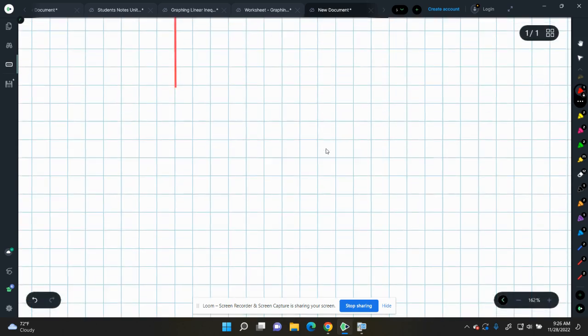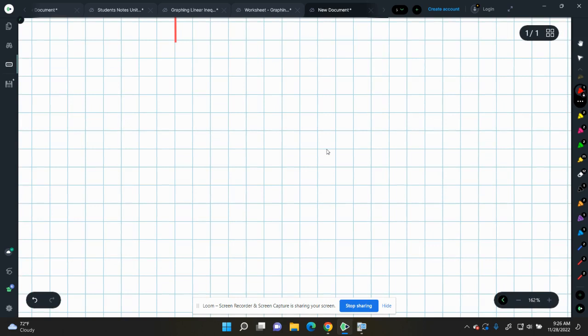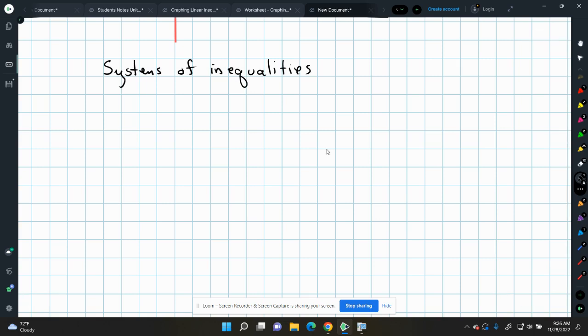So today we're going to move on, and we're going to graph what we call systems of inequalities. Okay, we learned how to solve systems of equations. We use the elimination method, we use the substitution method. Who remembers if I had a system of equations, how would we solve it graphically?